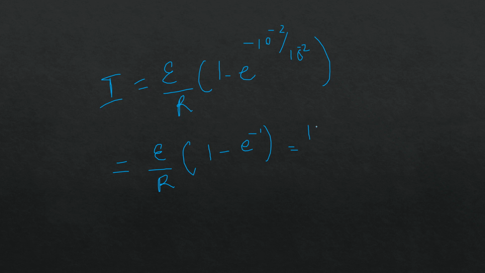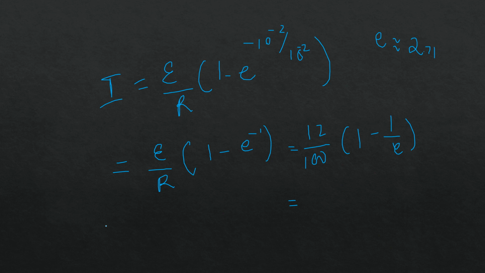So put 12 divided by R, which is 100, times 1 minus 1 by e. e is 2.71. If you put 2.71, just check once. You have to put all the values here.